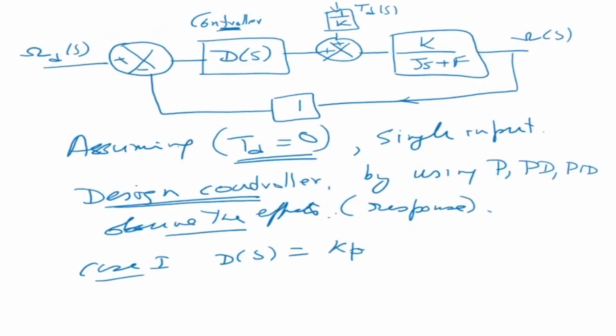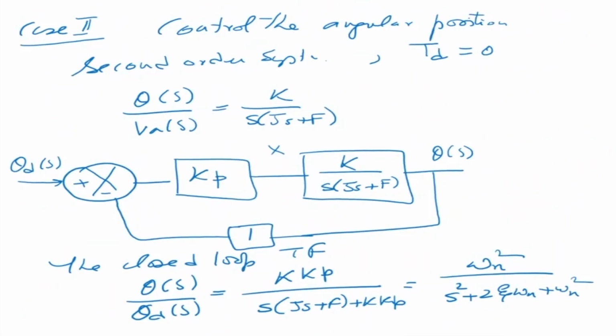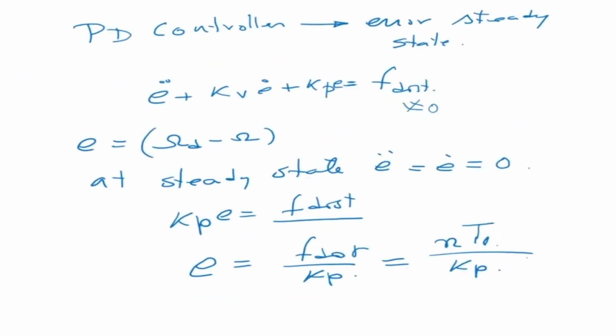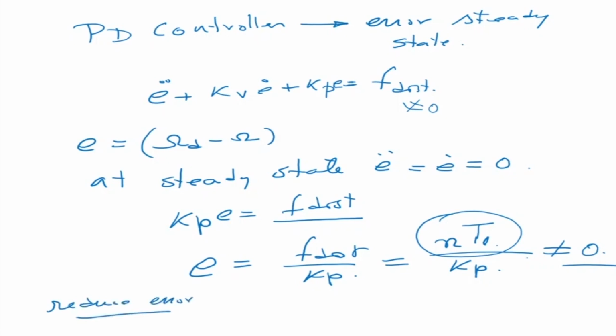So when we come back here and look at the steady state error, we find that it is equal to the product of the dynamic torque, which is my disturbance, into N, divided by Kp. So this means that the steady state error is never going to become 0 for a PD controller. A very small error will be there, but the error is there. Now, what can we do to reduce the error?